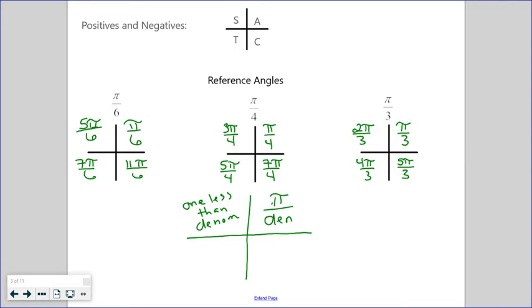In quadrant 3, your numerator is going to be 1 more than your denominator. And in the fourth quadrant, it's always going to be 1 less than 2 times the denominator, or double the denominator. That's just generically speaking, and that works for all of our over 3, over 4, over 6s.